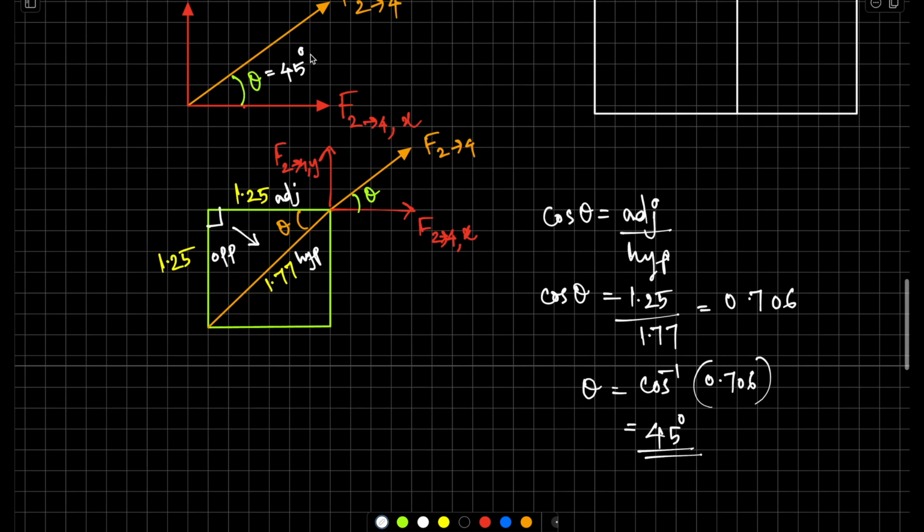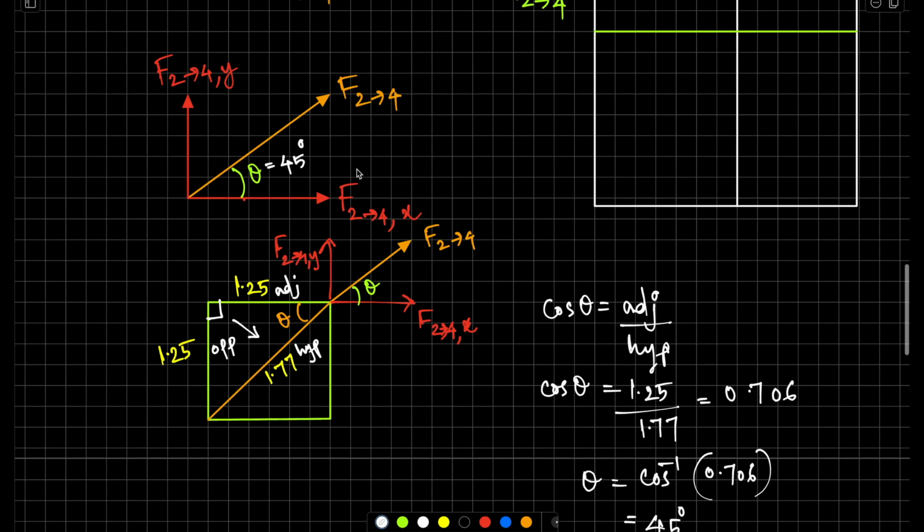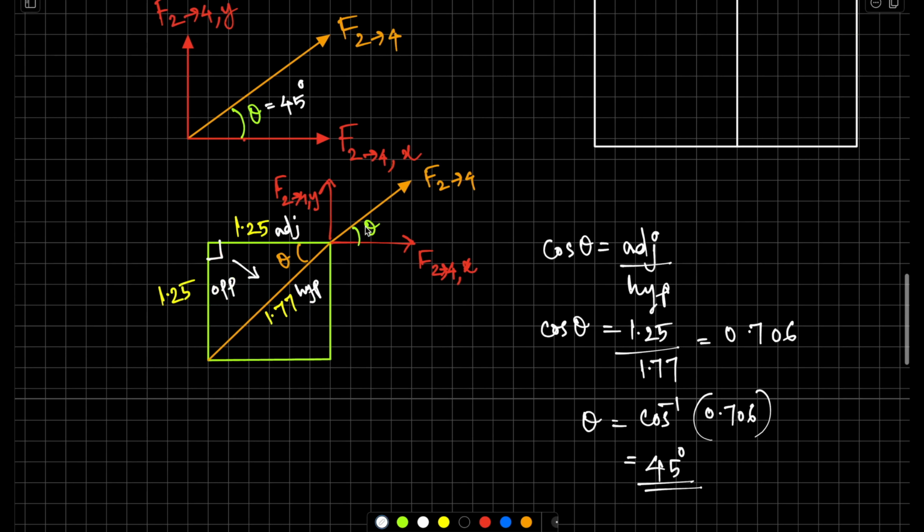Now let's find these components, F2 on 4 x and F2 on 4 y. How do we find F2 on 4 x? F2 on 4 x is equal to F2 on 4 cosine theta, because the x component is touching theta, right?